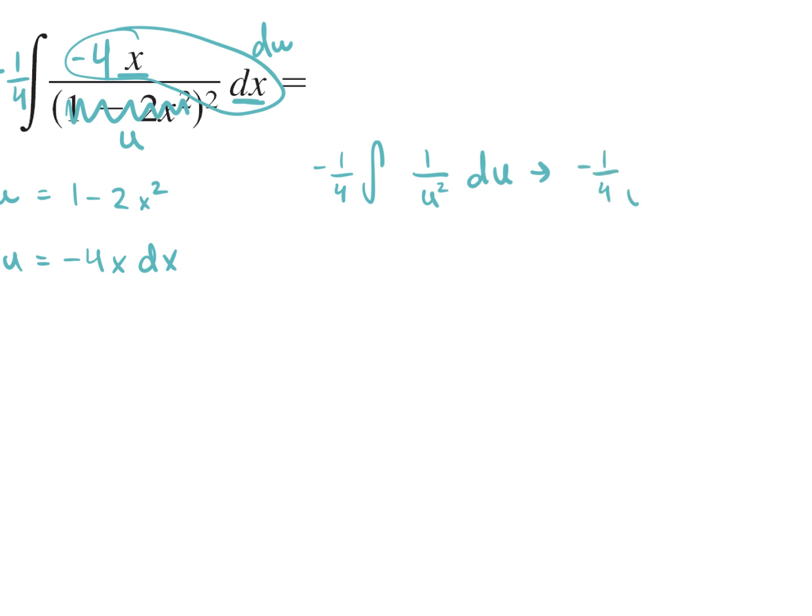So negative 1/4 times the integral of u to the power of negative 2 du. So I have negative 1/4 times, what's the antiderivative of u to the negative power of 2? Negative 1. So negative u to the power of negative 1, plus c.